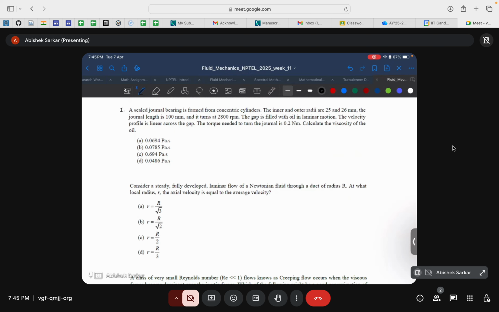The inner and outer radii are 25 and 26 millimeter respectively, and the journal length is 100 millimeter, which turns at 2800 rpm. The gap is filled with oil in laminar motion. It's very important: the velocity profile is linear across the gap. Again, a very important assumption. And the torque needed to turn the journal is 0.2 Newton meter. Calculate the viscosity of the oil.